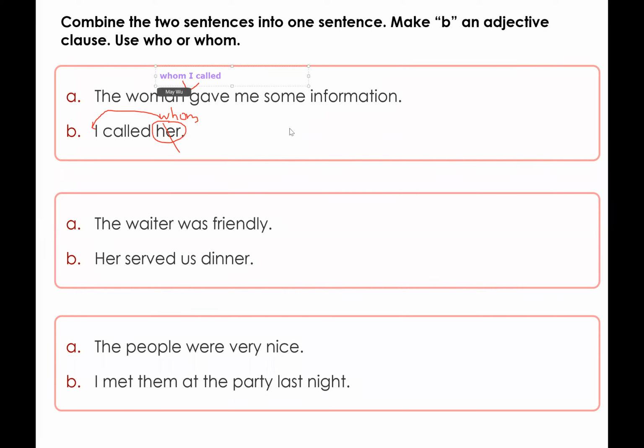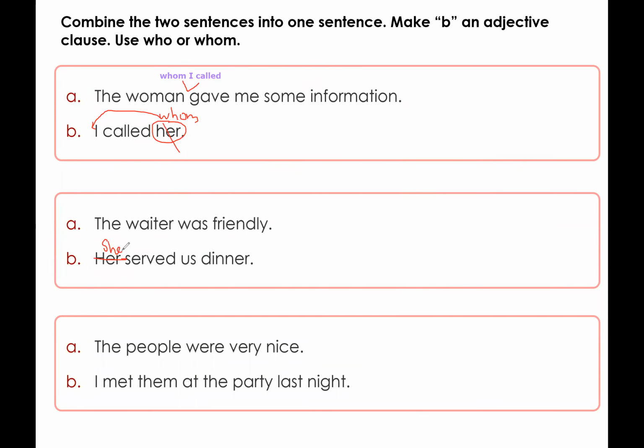And since this is essential, you might wonder, how do I know it's essential? Because the woman is very general, right? So we need this information to identify the person. Okay, and for the next one, the waiter was friendly. Oops, pardon me, there's a typo here. It's supposed to be she served us dinner. So I'm going to change that.